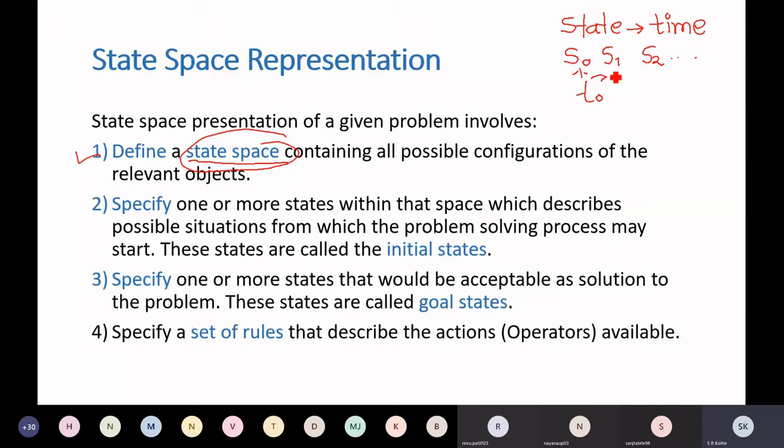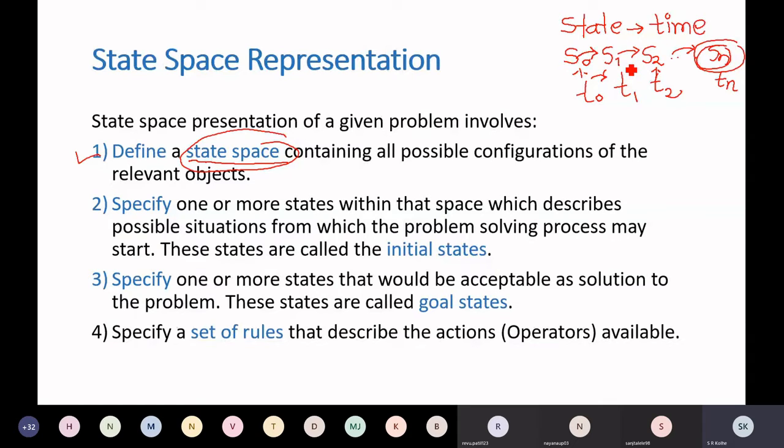Then the next state will be S1 at time t1, and at time t2 another state might be S2. From S0 you may go to S1, from S1 you may go to S2 and so on up to Sn, where Sn may be your final state at time tn. So this set of states S0, S1, S2 up to Sn is called the state space, right?